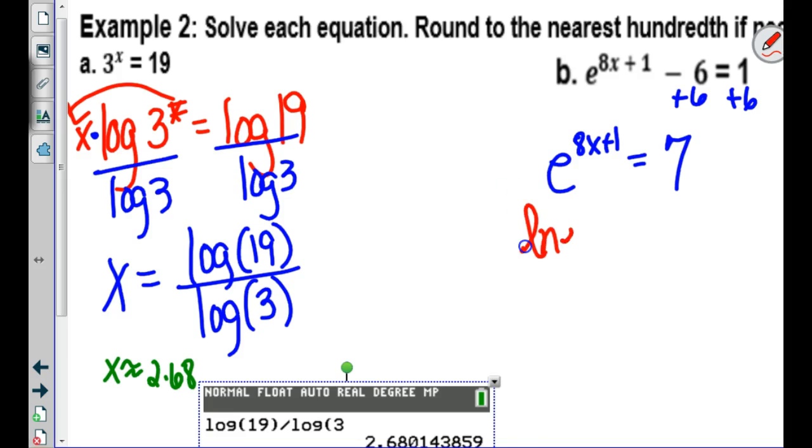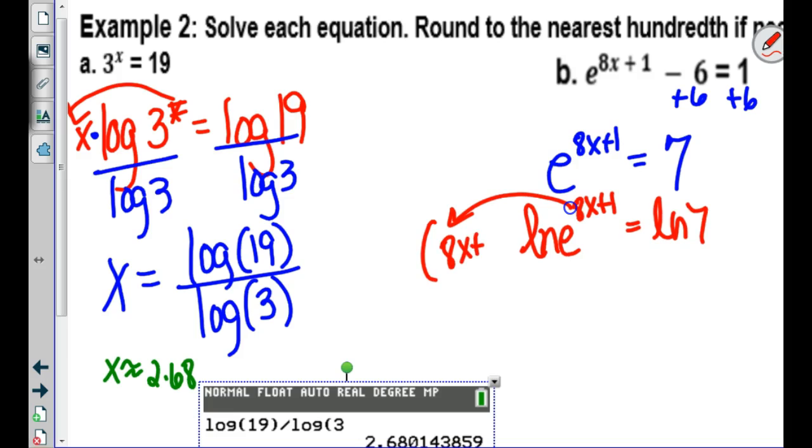So if we do ln of e to the 8x plus 1 equals ln of 7, we can move this out front, 8x plus 1. And what is the ln of e? Just 1. So we have 8x plus 1 equals ln of 7.